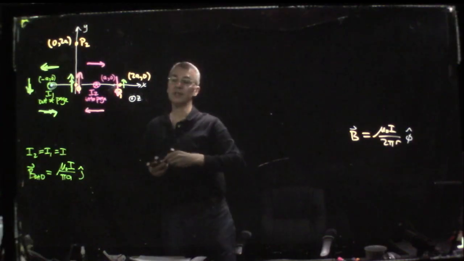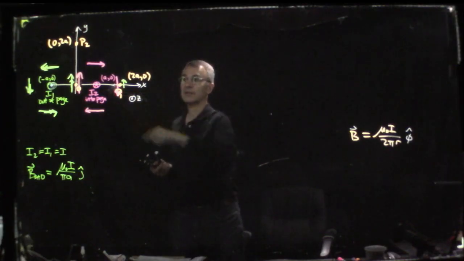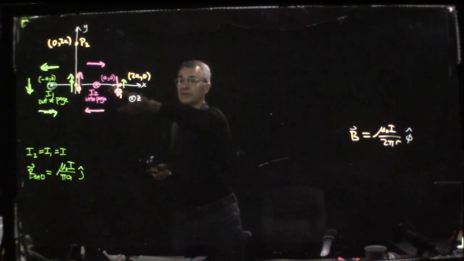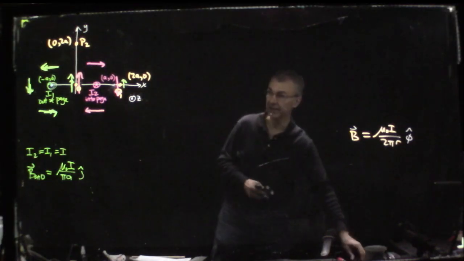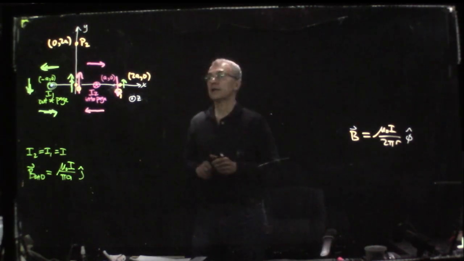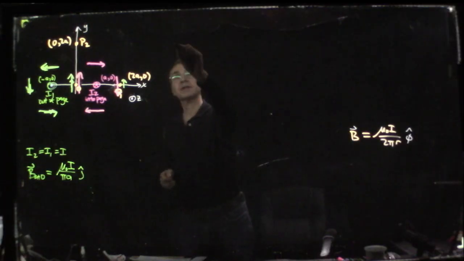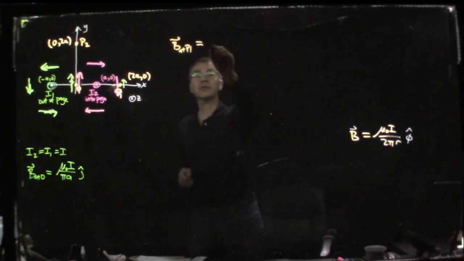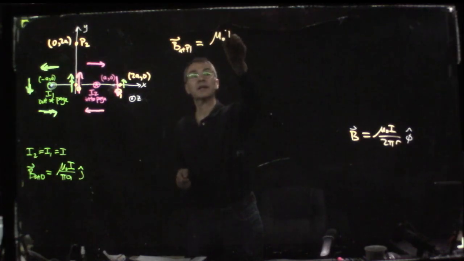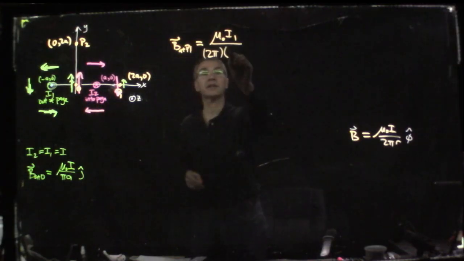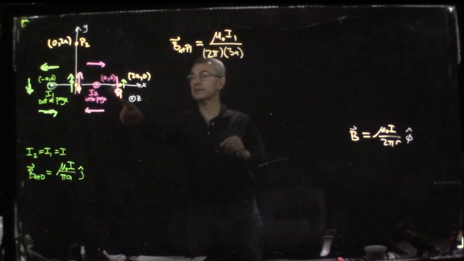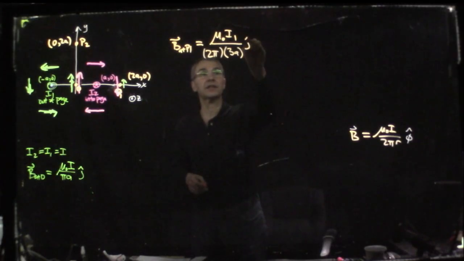Okay, so it seems as if the net magnetic field is going to point down here because we have a downward contribution and then a smaller upward contribution. So let's work out the numbers for that. The magnetic field at P1 is going to be mu naught I1 over 2 pi times, here's 1, 2, 3a is the distance, and this is going to be up, so there's j hat.